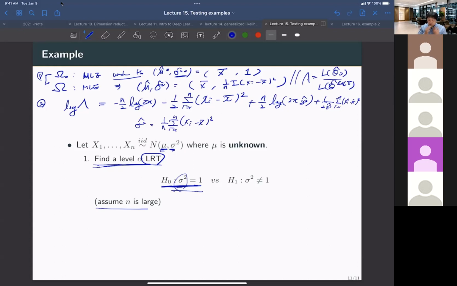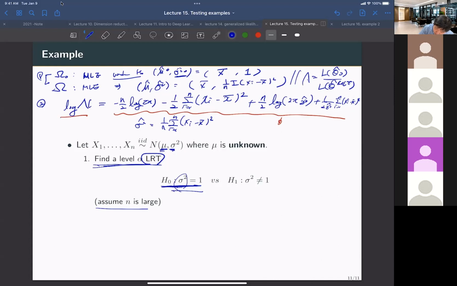Okay, so given the data set x1 to xn, you can compute this, right? You can actually compute this if you have the xi's and x bar. So this is our statistic, and we write it as the log of lambda of x.